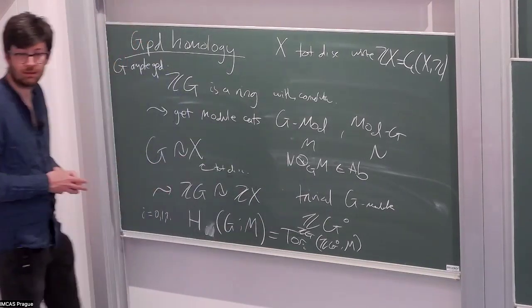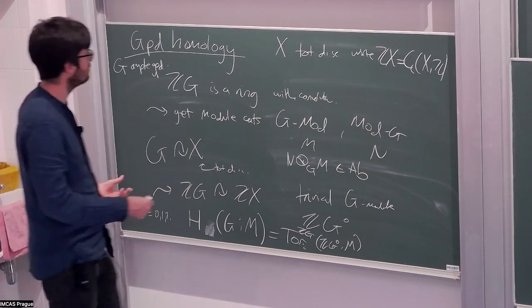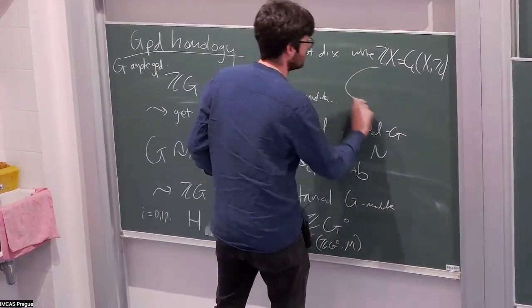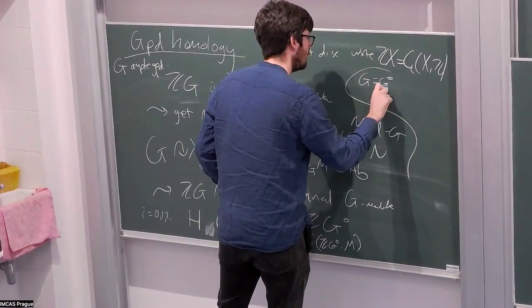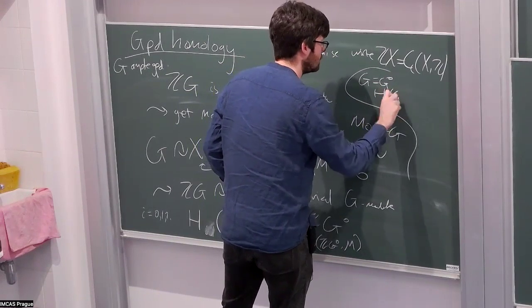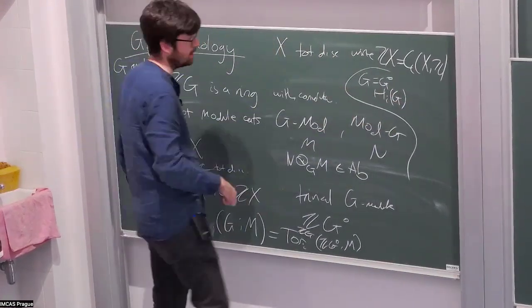So if G is trivial groupoid, so if G is just a space, so just a totally disconnected space, then the homology groups are going to be... So if G equals G naught, then H_i of G. Now I'm not writing any coefficients, just to mean I put the trivial thing in here.